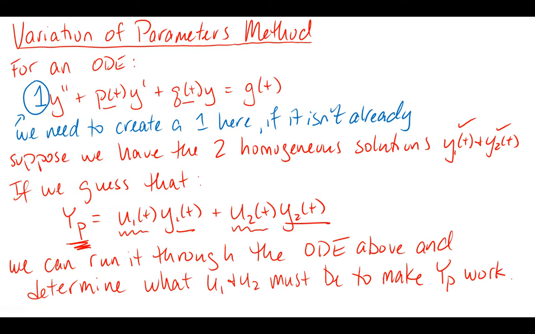We do stuff like this all the time: make a guess, run it through, figure out what it needed to be, and then you have discovered the right solution, or a solution.